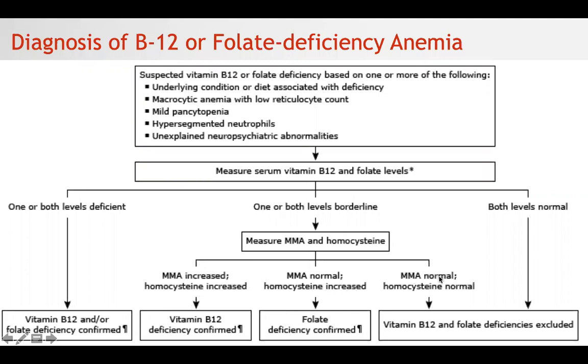If the MMA is normal and the homocysteine is normal, that means that vitamin B12 and folic acid deficiency can be excluded. And then if one or both of those levels are deficient, then they have vitamin B12 or folic acid deficiency, depending on which level is deficient.